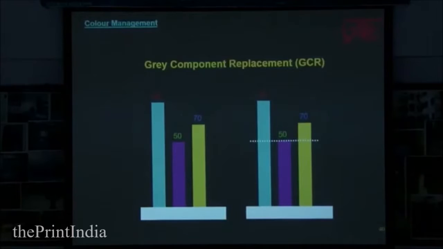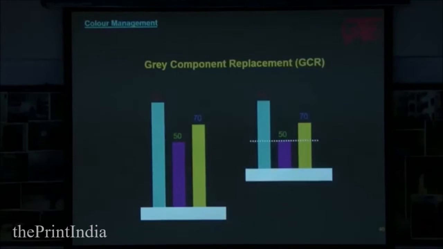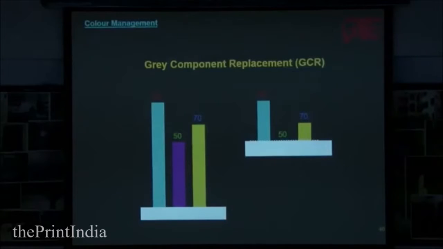Okay, that is the principle behind GCR or ink optimization, what you may call. So we cut this out and we print black. The dirtiness we bring with the black ink. So we reduce the color consumption and make it dirty green this way.